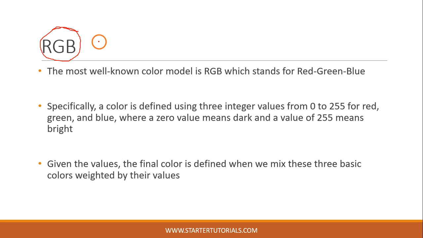In the RGB model, any color you take is represented as a combination of red, green, and blue. This is the most popular model. Whether it is orange, yellow, green, pink, or magenta, any color is represented as a combination of red, green, and blue.